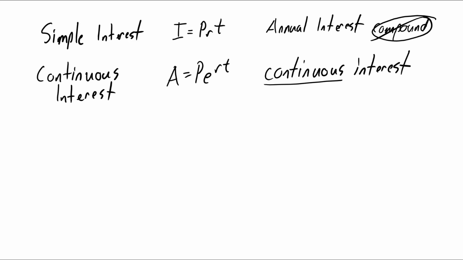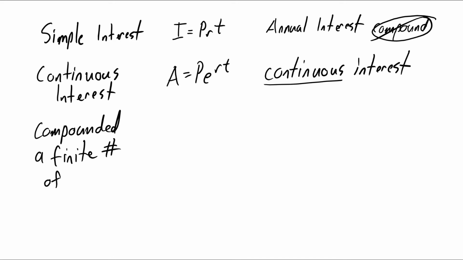All right, and then we have problems that are compounded a finite number of times. That's like weekly, monthly, daily, quarterly, any of those, where it's compounded a finite number of times per year. And for those, we're going to use the TVM solver. That is TVM for time value of money.